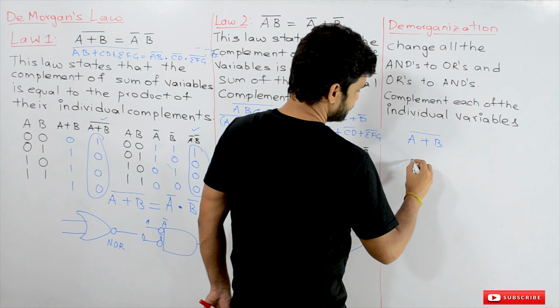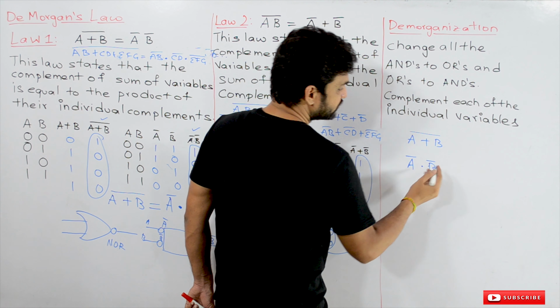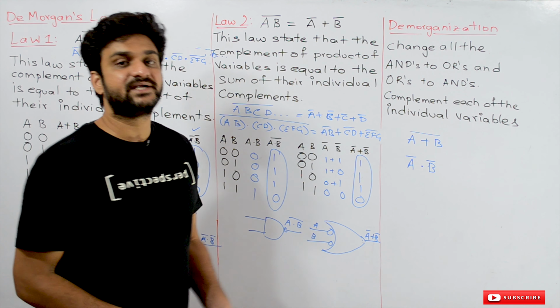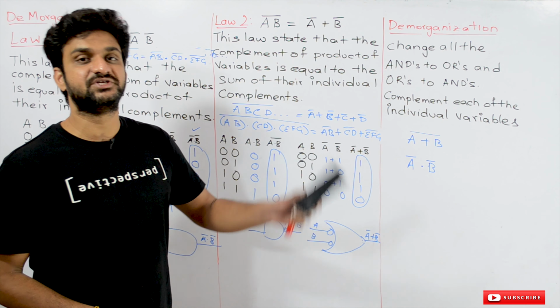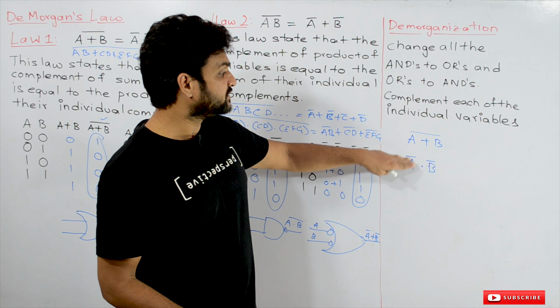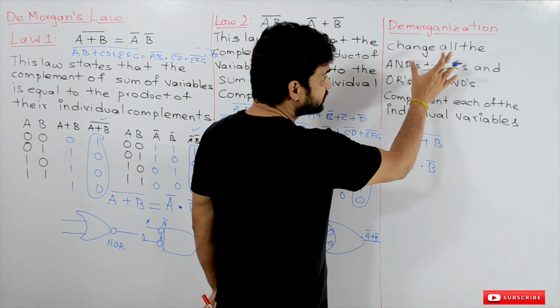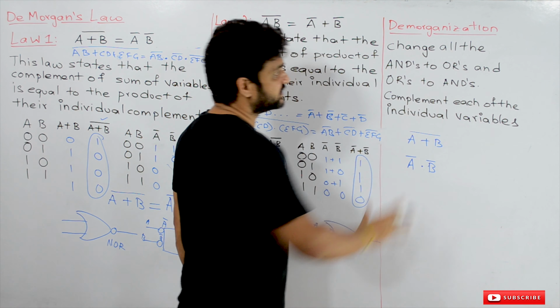So there is an OR symbol, it will get converted into AND. What is the next step? Complement each of the individual variables. If you have 10 variables, complement each and every individual variable. Okay, so this is complemented and this is complemented, so the output is going to be the same. This process is what we call De Morganization. Okay, hope you got the clarity on this concept.